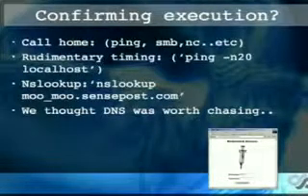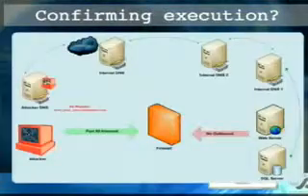We generally like DNS because at some point DNS makes its way out of your network. And generally you'll find even on relatively well-hardened networks, even through a DNS chain, something comes all the way out, something makes a request for mu.mu.mu.sensepost.com, and we get to confirm that our stuff's actually executing.